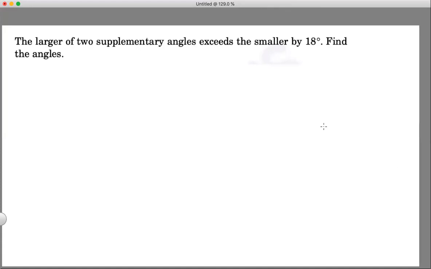The larger of the two supplementary angles exceeds the smaller by 18 degrees. Find the angles. Real easy question, right? How would we do this? So there are two angles. Let the smaller angle be x. Larger angle then is y.